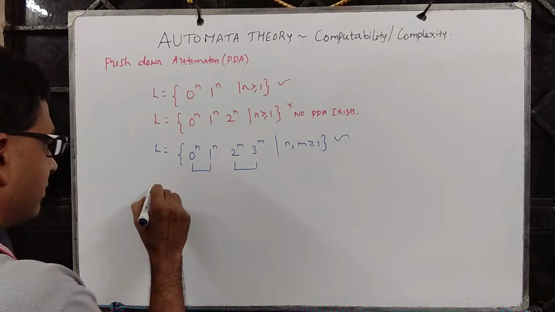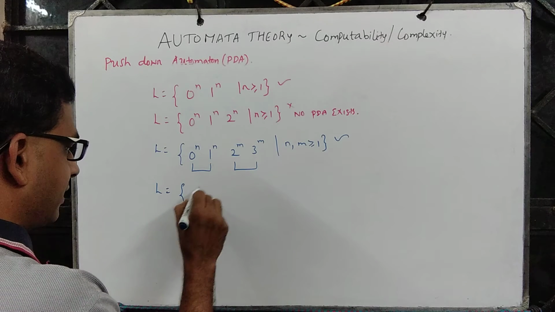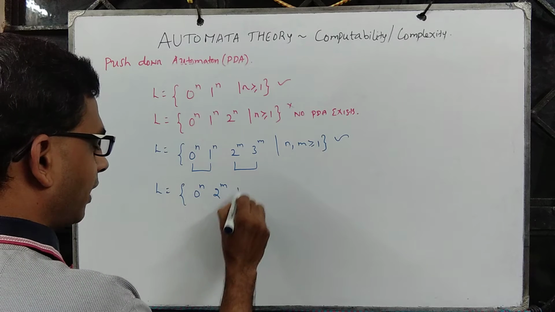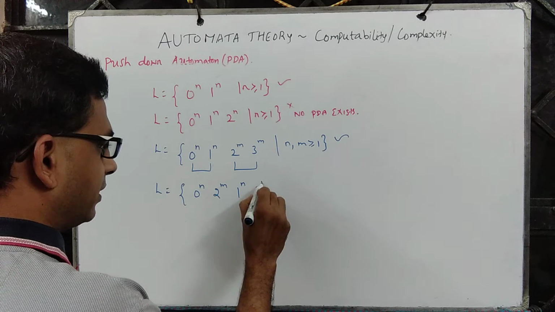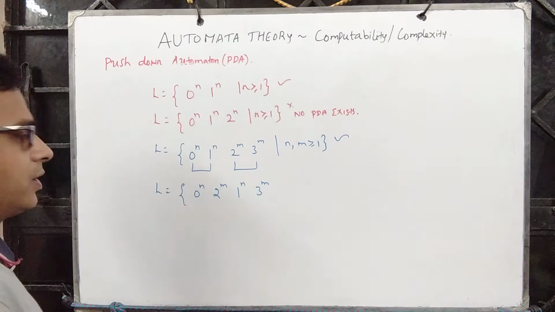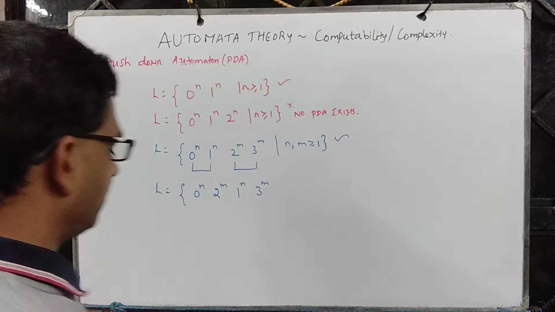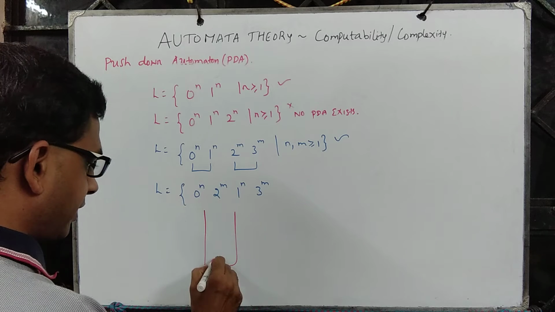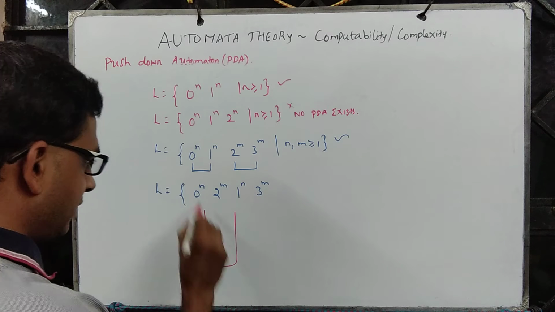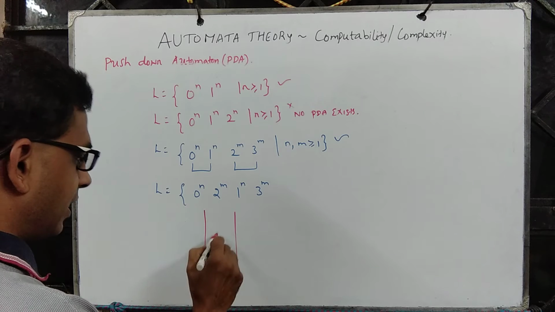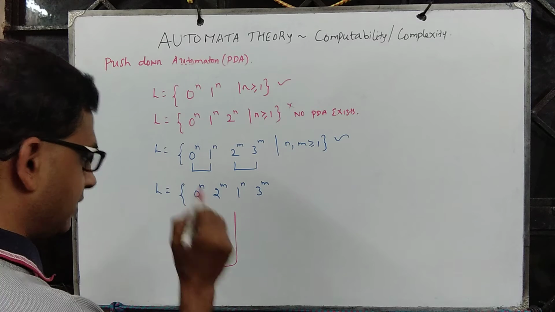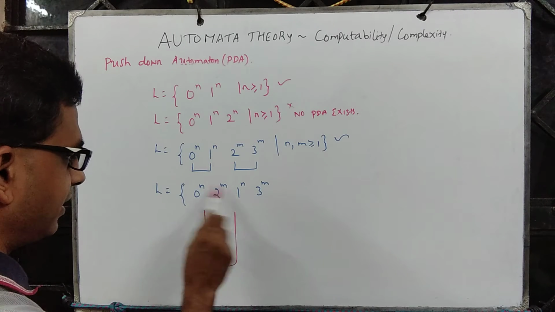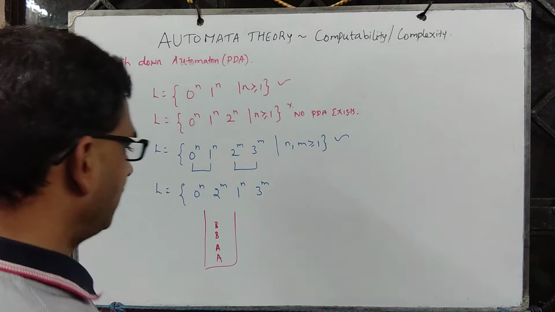But if you do it like this, 0 power n, 2 power m, 1 power n, 3 power m, suppose you go for such a design. We push capital A for this, then we start pushing capital B for this. I have to use a different symbol, otherwise this index and this index may be different, right?